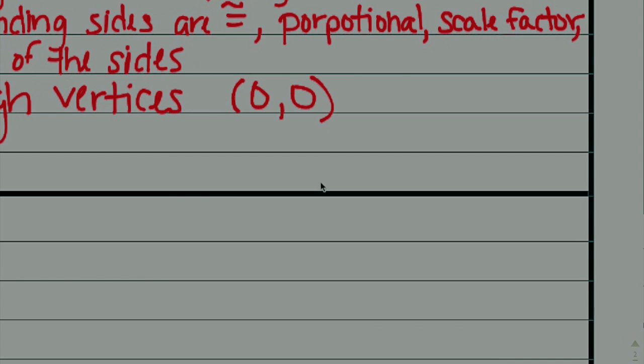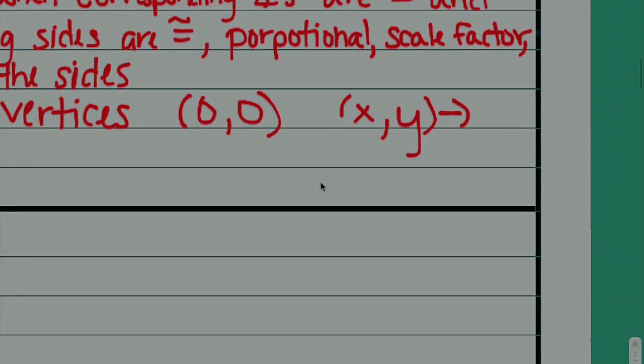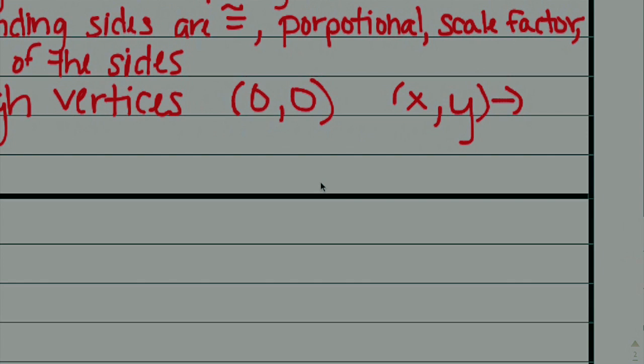And then you have your next point, one of your vertices, as (x, y). And it's going to be dilated, and for the dilation, it's going to go by a scale factor of k. So this is going to be your pre-image.